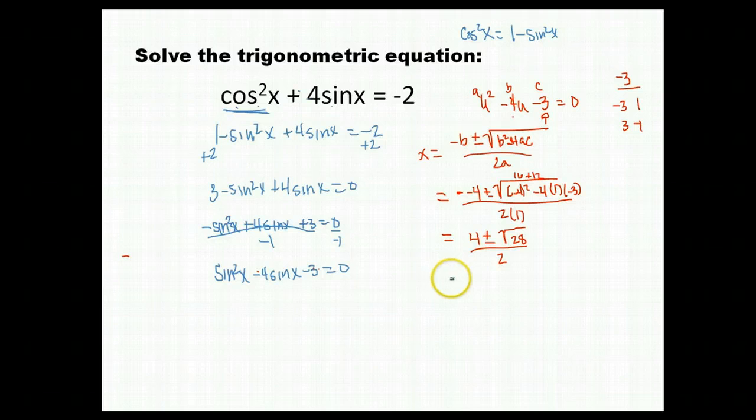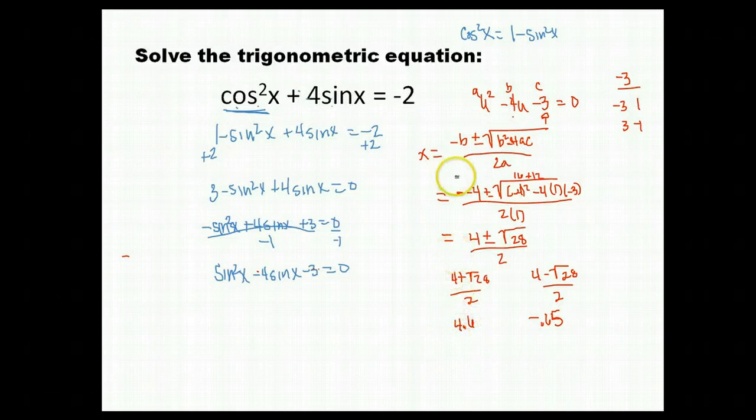Let's find each of those values. Okay, so 4 plus the square root of 28 over 2, and 4 minus the square root of 28 over 2. So I get 4.6 approximately, and negative 0.65 approximately.